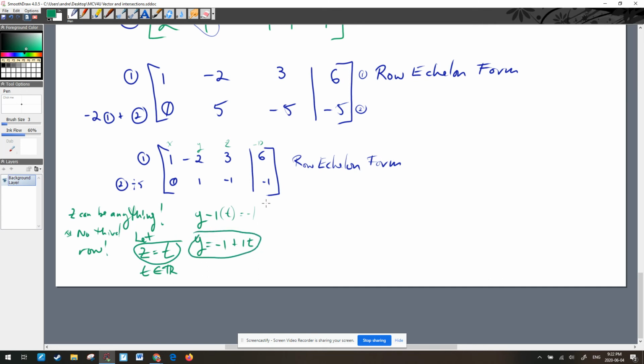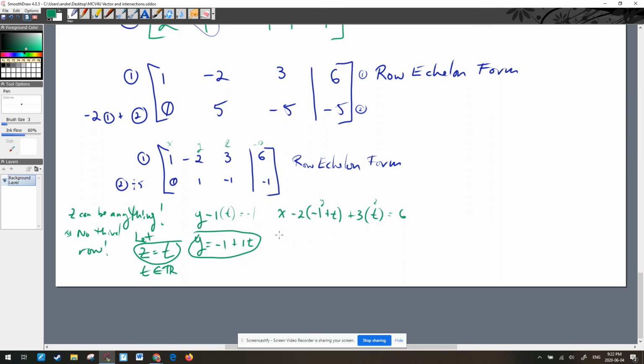Then we're going to walk back up and look at this equation. We've got 1x, or just x, minus 2y. I know what y is. This is y right here: negative 1 plus 1t, so minus 2 times that, plus 3z, but we know that z is t, so there's my z, equals 6.